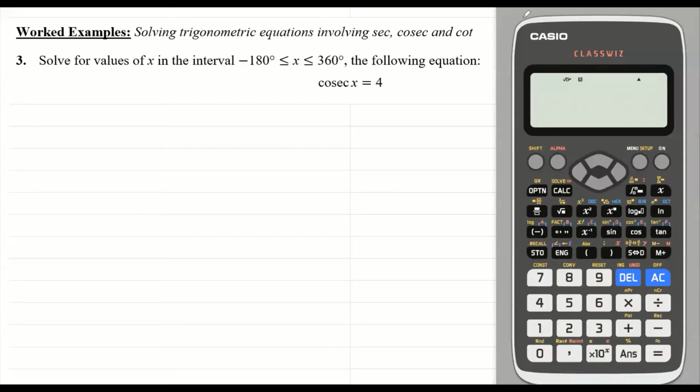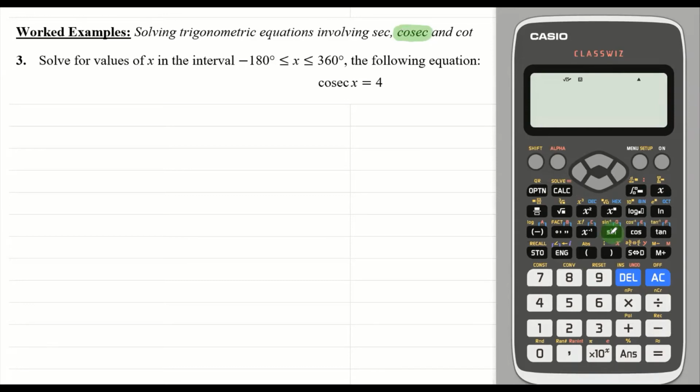Now, for worked example 3, we have to solve our first trig equation using one of our new reciprocal trig functions, in this case cosec. Obviously, you tend to use your calculator for these types of questions, and you'll be familiar with the fact that we don't actually have the sec, cosec, and cot buttons on the calculator.